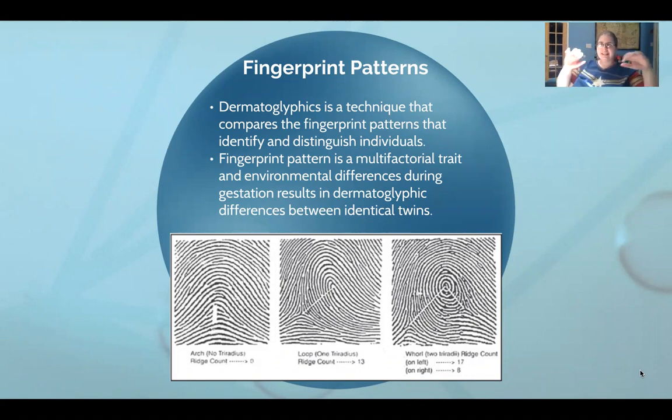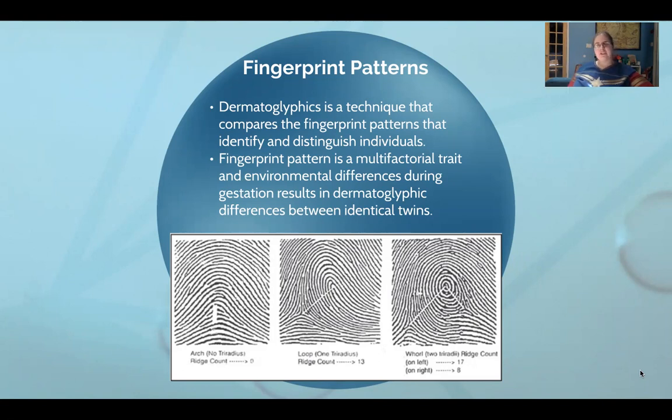But not only that, it's unlikely that all 10 of your fingers will have the exact same shape and the exact same ridge count. That's why fingerprints are very unique and how you can use them to tell one person from another. Even identical twins do not have the same fingerprints. They have different fingerprints. They're very, very similar to each other because they share the same genetic foundation, genetic blueprint, because identical twins.